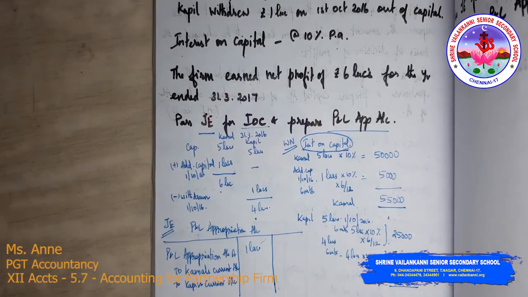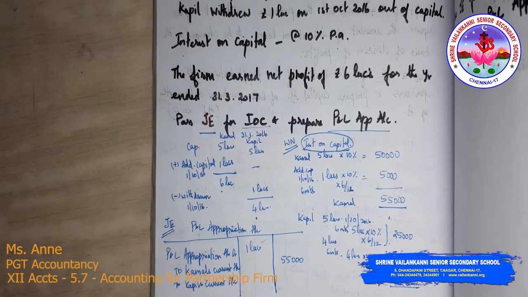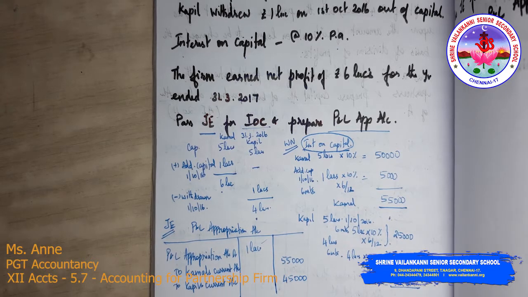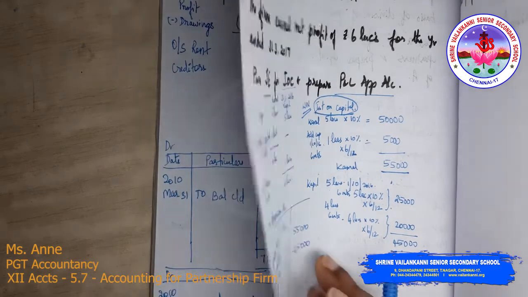P&L appropriation account debit, we have a total of 1 lakh. We know that Kamal's current account is 55,000 and Kapil's current account is 45,000. I'm sure that you're able to understand this.